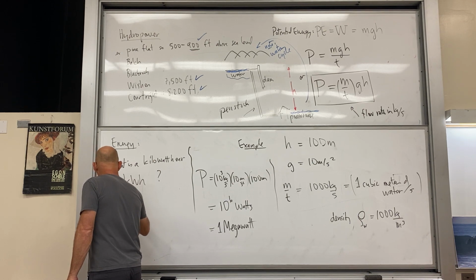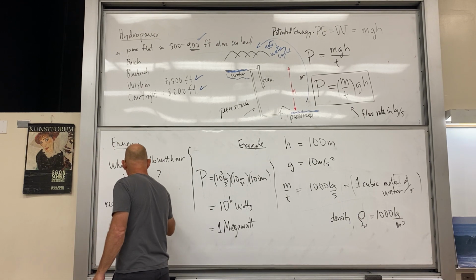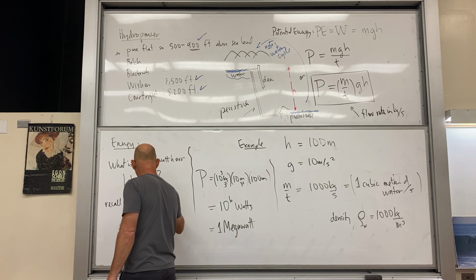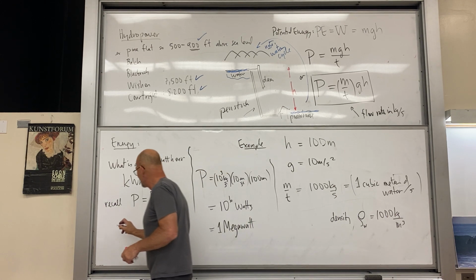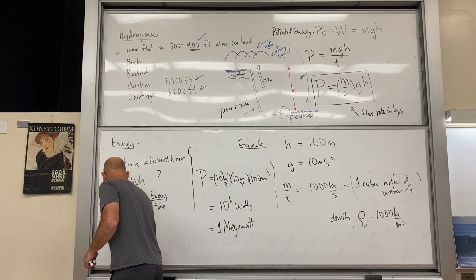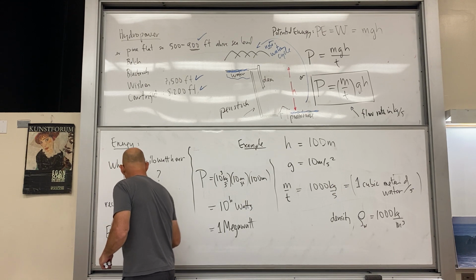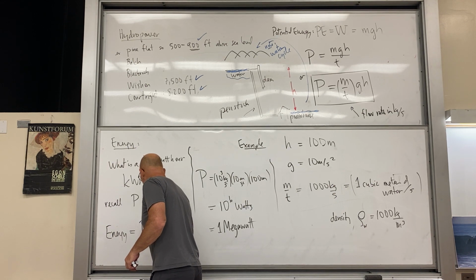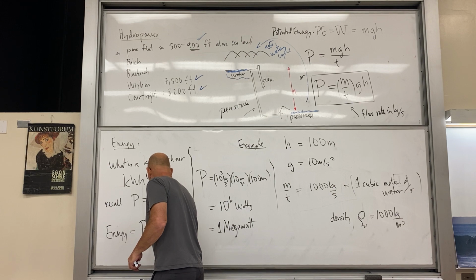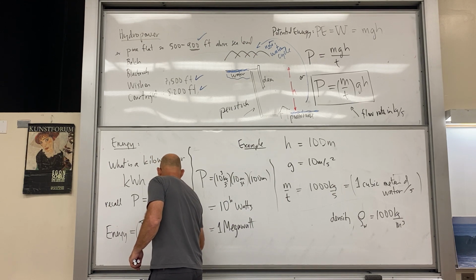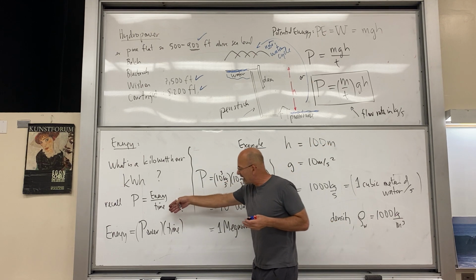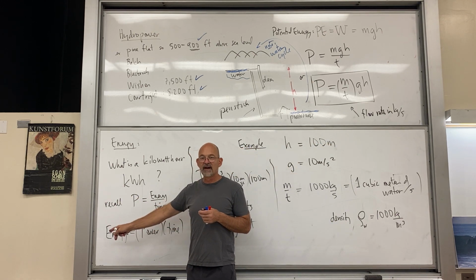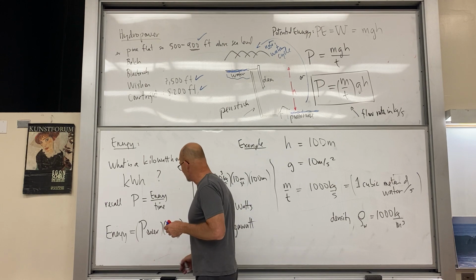Well, remember, power is energy divided by time, and that means that energy, I'm going to write it out in words, I could have also said work, is equal to power times time. Okay. So you run power for a certain amount of time, and you have a certain amount of energy, and of course we know that's joules.